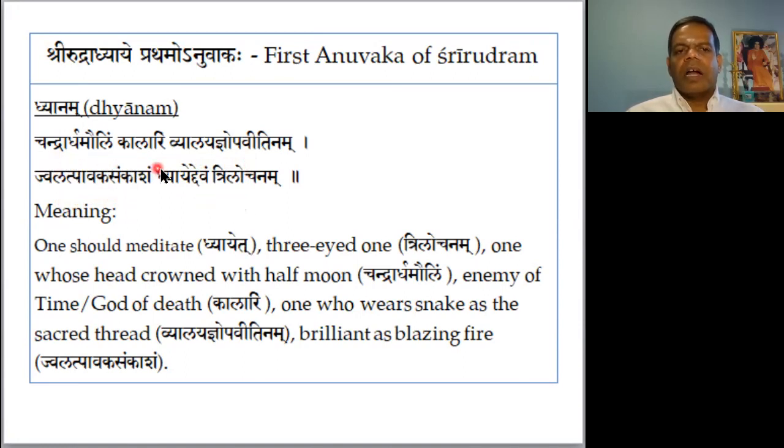Chandrardhamaulim, Kalari Vyala Yagnyopavitinam, Jwalat Pavaka Sankasham, Dhyayed Devam, Trilochanam.